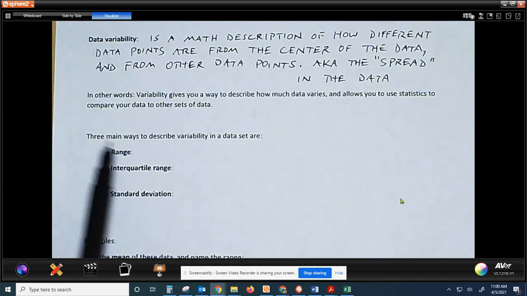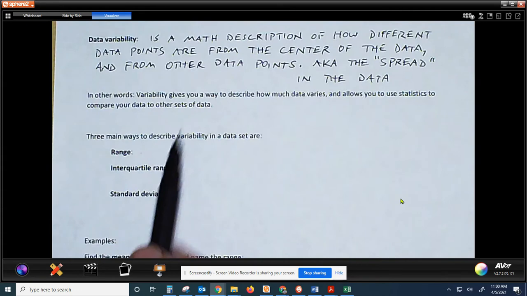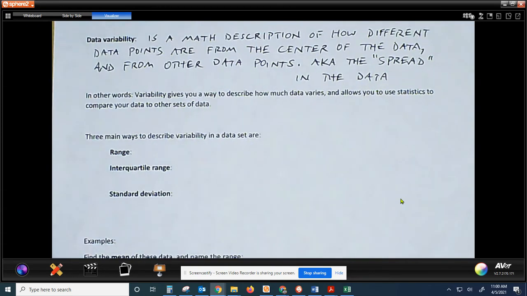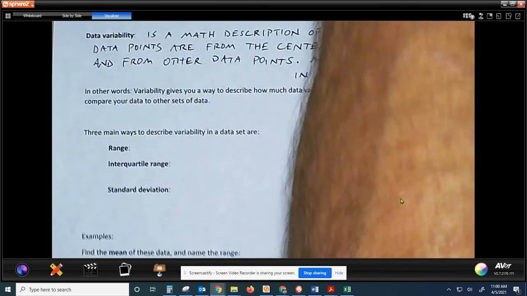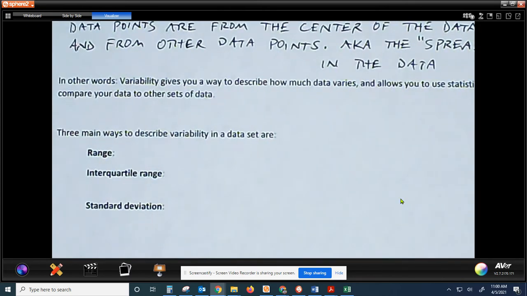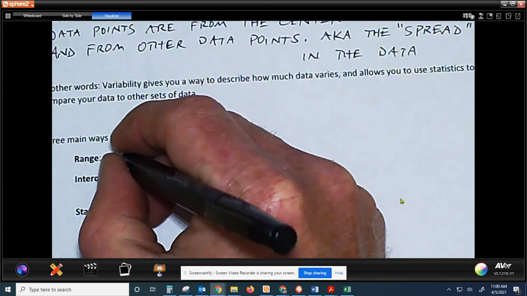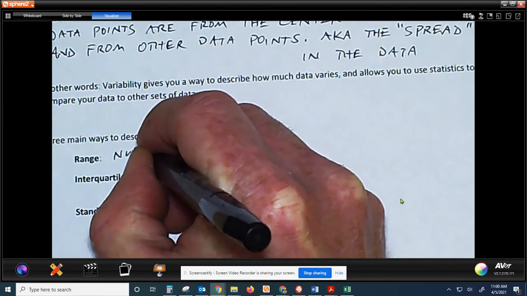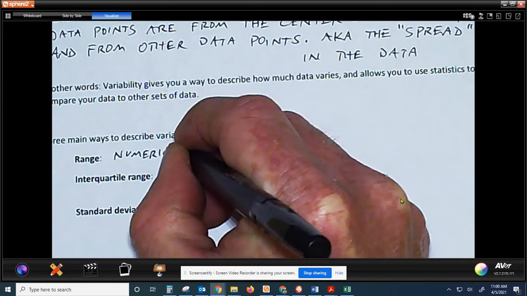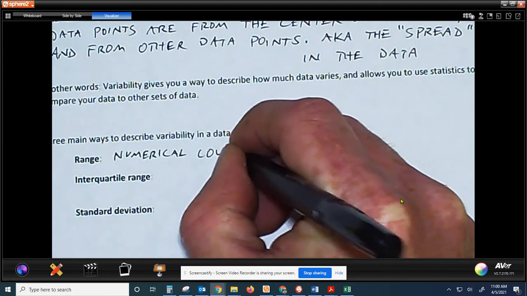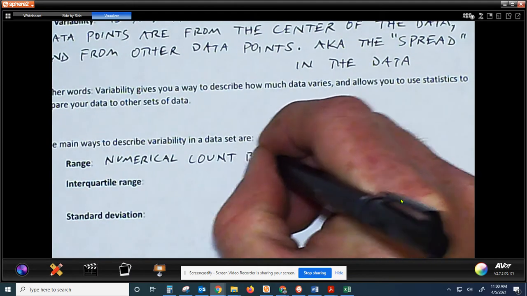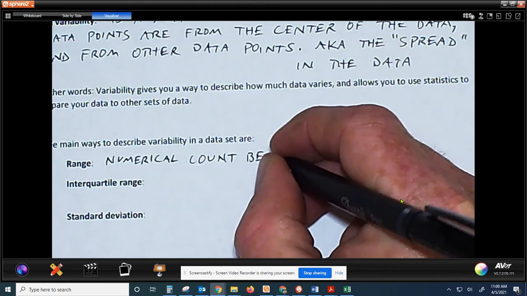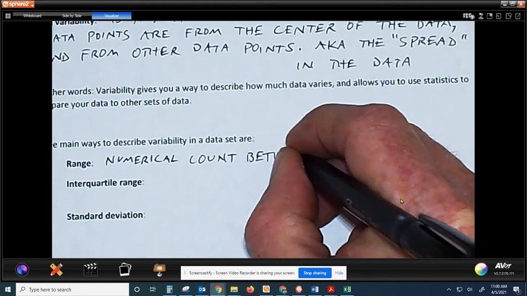Okay, so we're going to need three main ways to describe variability. The first is probably something you've come across. Let me zoom back in. It's the range, and it's just a count. It is the numerical count between the smallest and largest numbers in a data set.